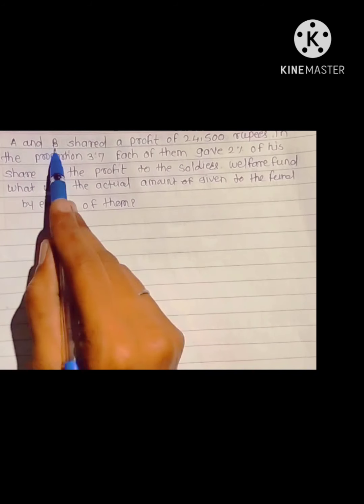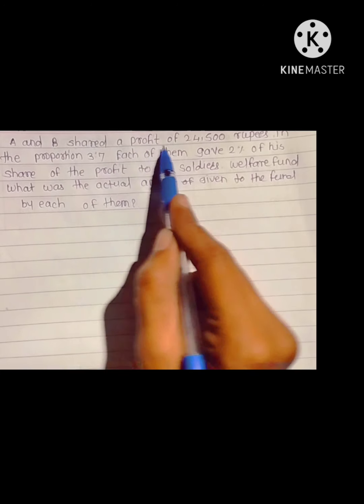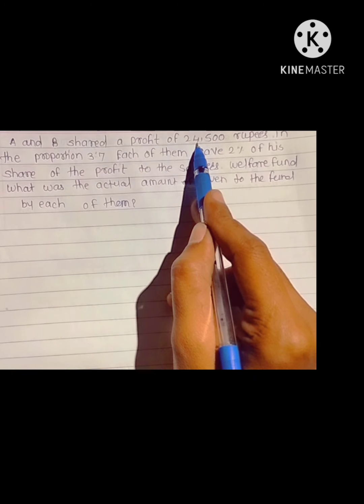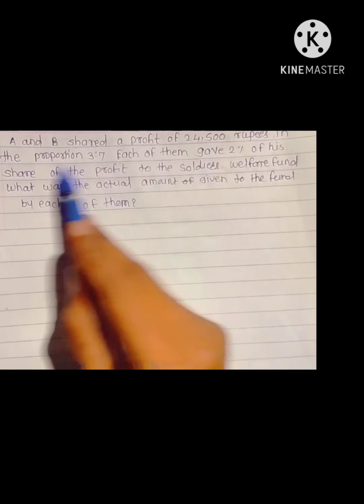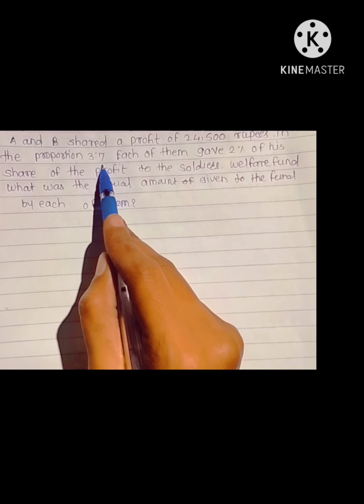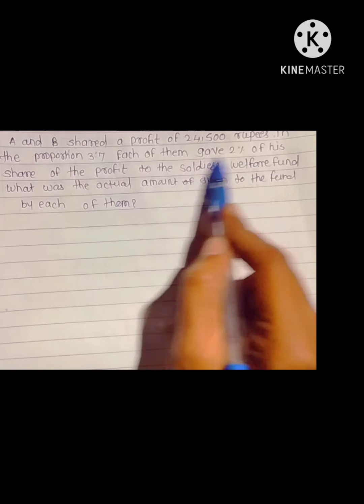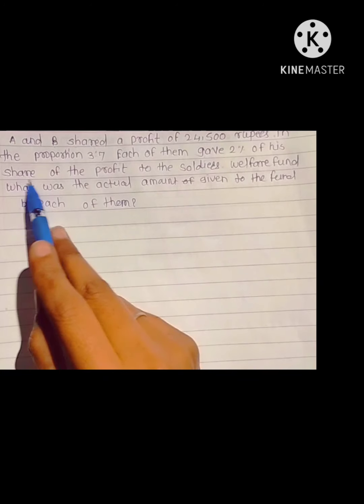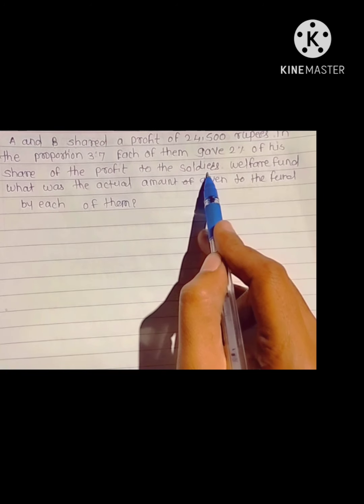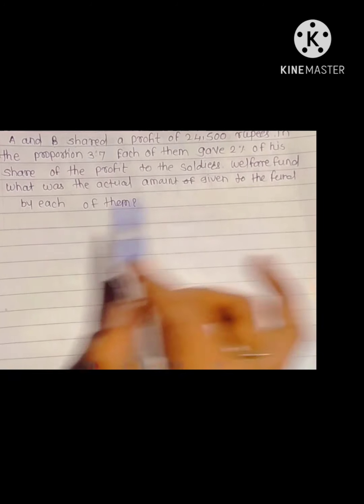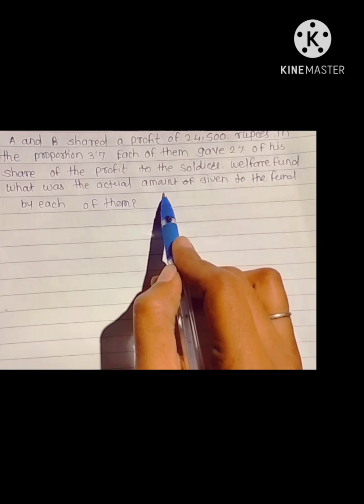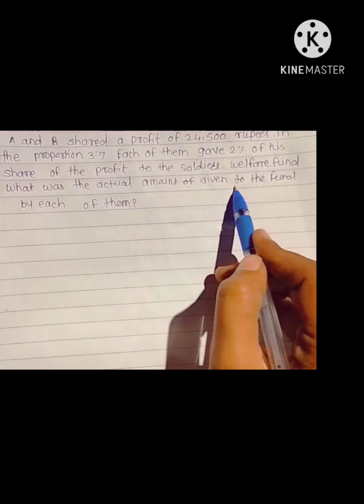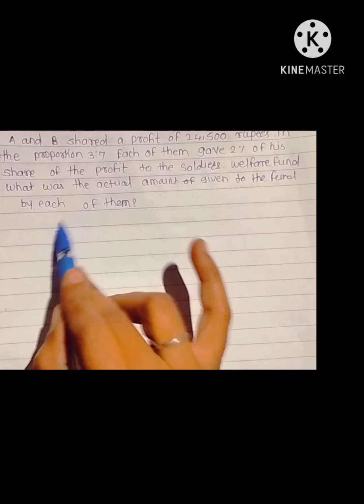Example: A and B shared a profit of rupees 24,500 in the proportion 3:7. Each of them gave 2% of his profit share to a soldiers' welfare fund. What was the actual amount given to the fund by each of them?